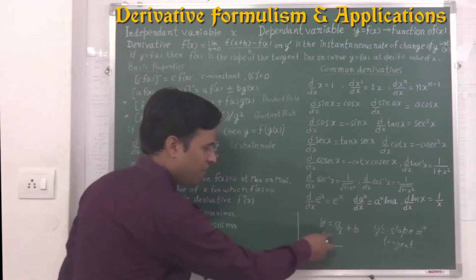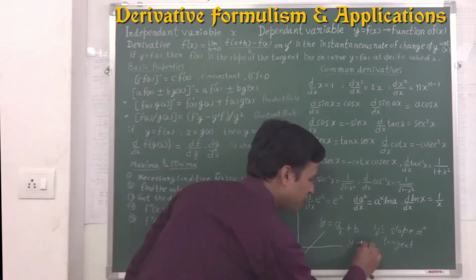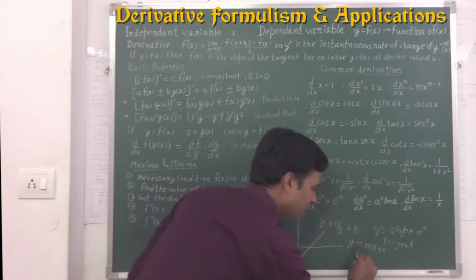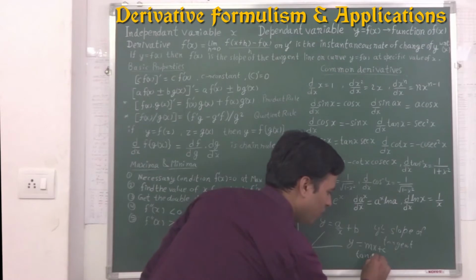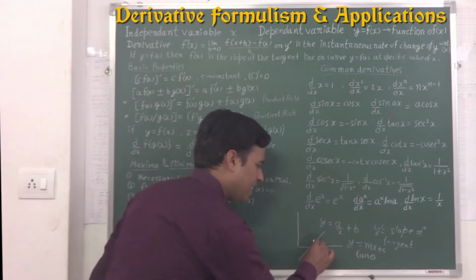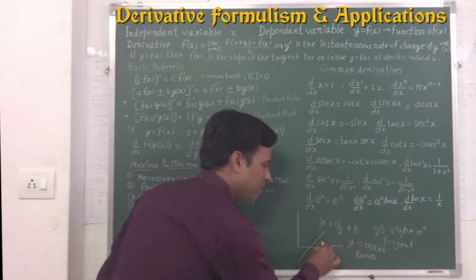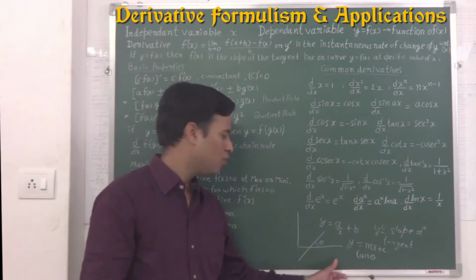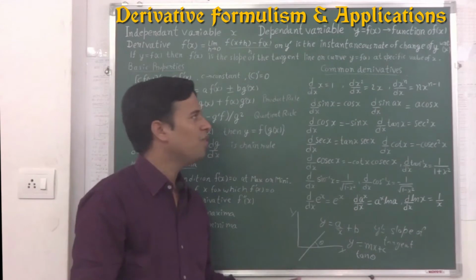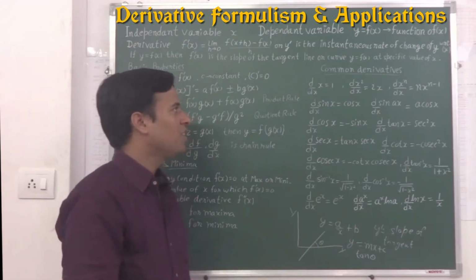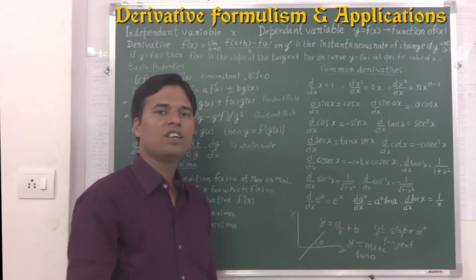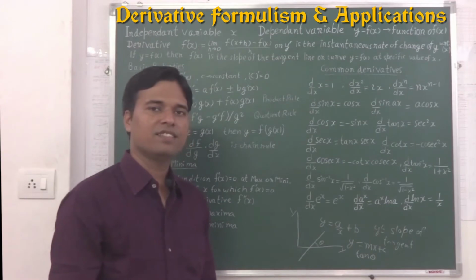If a straight line is drawn like this, y equals mx plus c, the m is nothing but the slope of the line, which is equal to tan theta, where theta is the angle made by this straight line from the positive x-axis. So now you can understand this is also an application of derivatives in common derivations of physics.